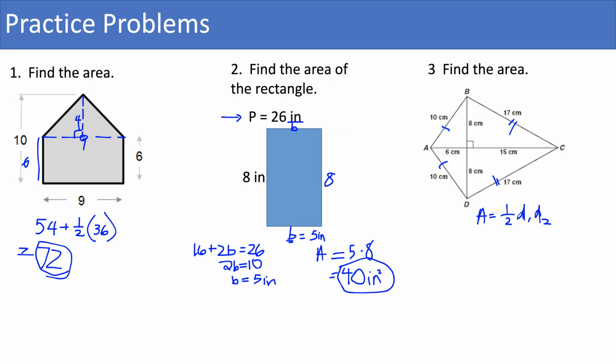So diagonal, this one all the way across, 6 plus 15 is 21. Again, it doesn't matter which diagonal you found first. This one is here, and that is 16. All right, so half of 16 is 8. So that is 168 centimeters squared.